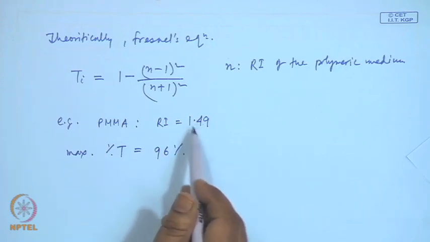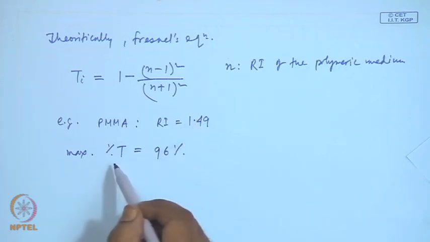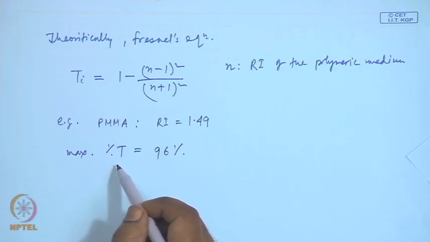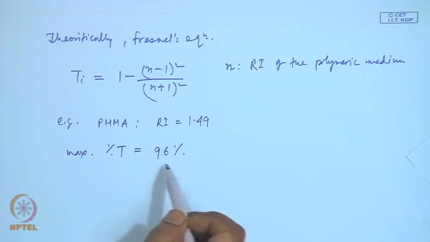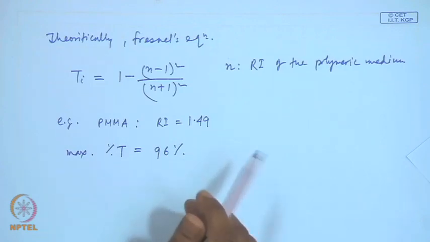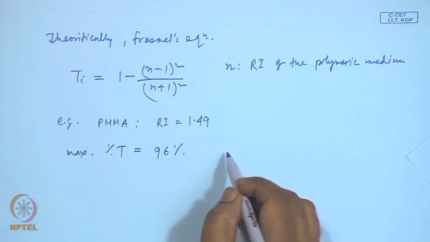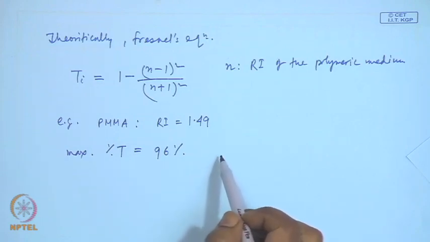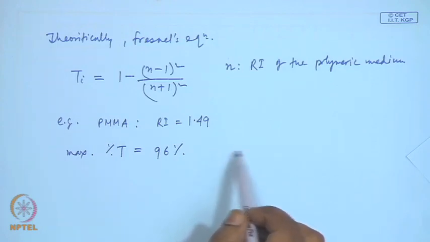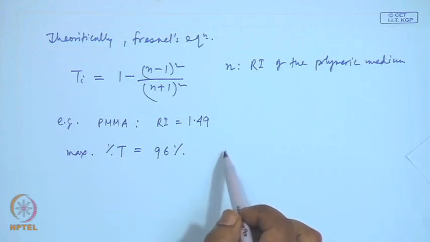So, the higher the refractive index, the lower the maximum transparency one can get when light passes through a polymeric material. But one can never get this high transparency through a polymeric medium, because there will be some inhomogeneities in the refractive index in the medium, even for a homopolymer, and that will cause some loss of flux of the transmitted light due to scattering.